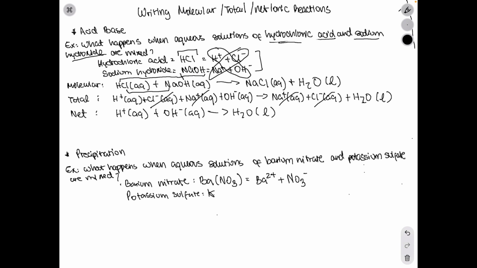Potassium is K plus, sulfate is SO4 2 minus. So here are your barium nitrate and potassium sulfate already separated into ions. Okay, so then we're going to start with the molecular equation.